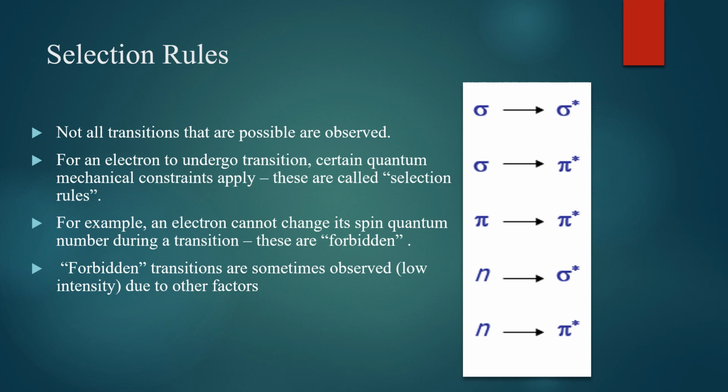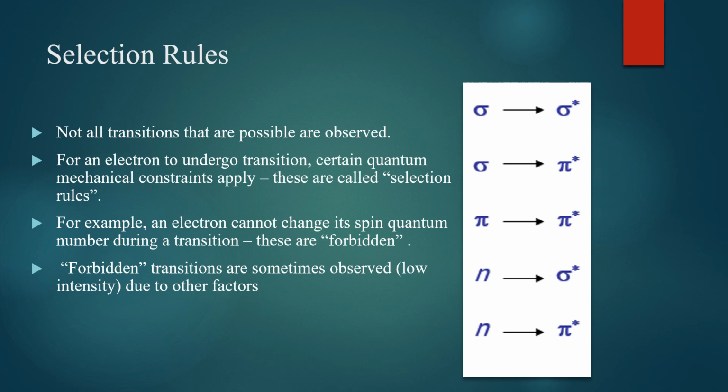You can also observe sigma to pi star transitions. The n to pi star transitions always occur when the molecule has a heteroatom or multiple bonds, for example C double bond O, C double bond S, C double bond N, N double bond N, etc.